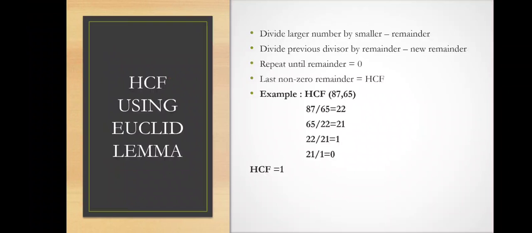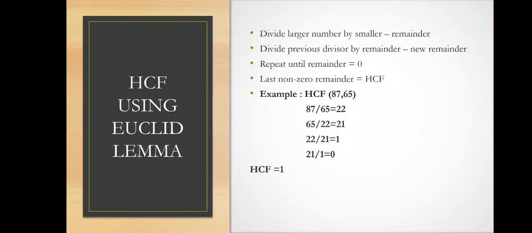Now find HCF of 87 and 65. First divide 87 by 65. The remainder is 22. Next divide 65 by 22. The remainder is 21.